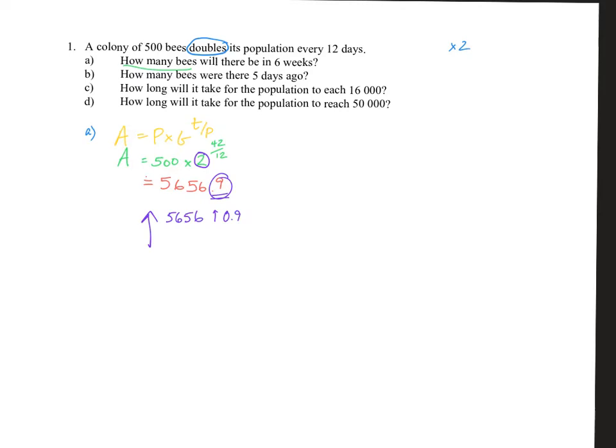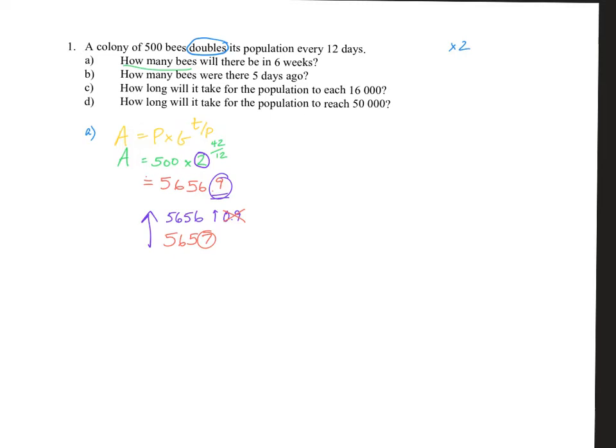But here's the problem. If I can only have a whole bee or not a bee, then I can't increase by 0.9. That is, the 5,657th bee doesn't exist yet.